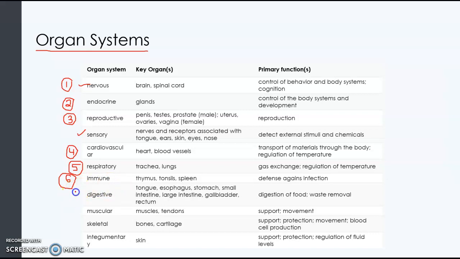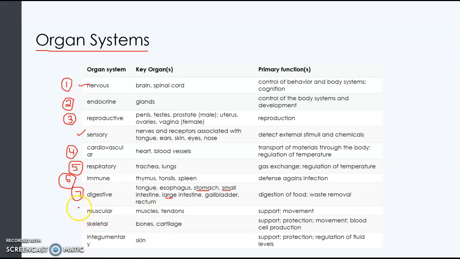The digestive system includes the digestive tract, which leads from the mouth all the way to the anus. It includes the stomach, the small intestine, the large intestine, the gallbladder, and even the liver and the pancreas would be accessory organs.